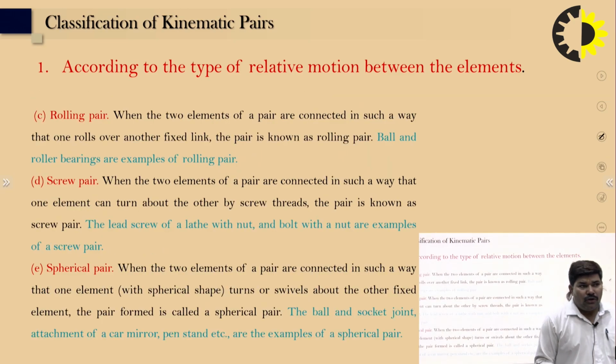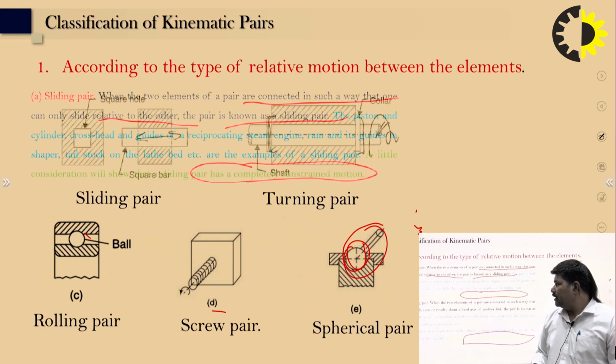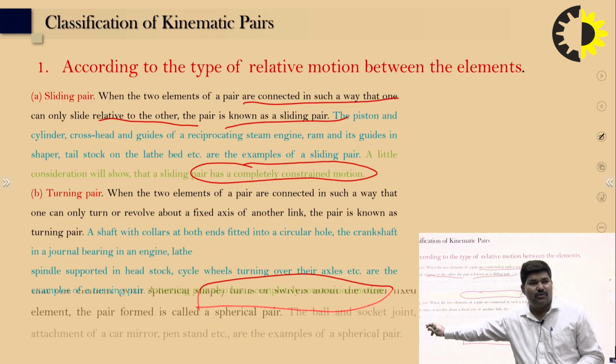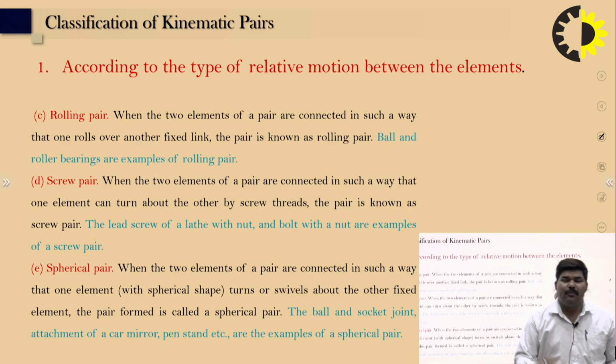For the rolling pair, we can say the two elements of the pair are connected in such a way that one rolls over the other fixed link. The pair is known as the rolling pair, and you can see in this figure the ball, right? These are the rolling pairs. Ball and roller bearings are examples of the rolling pair.